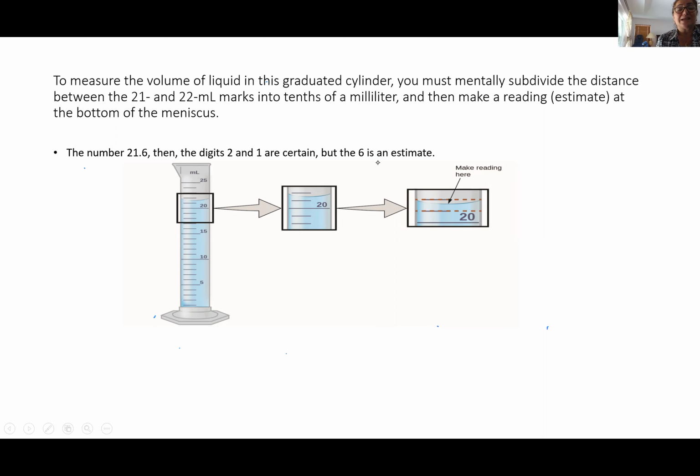But 6 is an estimated digit, because if I see this as 0.6 and someone else sees it as 0.5, we are not going to argue. I'm just going to say I'm estimating this as 0.6, and I leave that as an estimated digit. If you estimate 0.5, it's okay. There's nothing wrong, but for the certain digits we should all agree, because the measuring device shows those numbers.